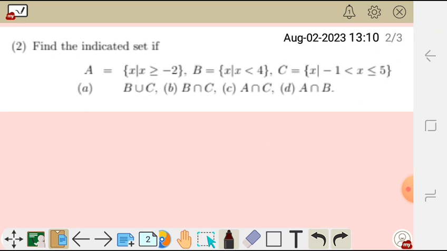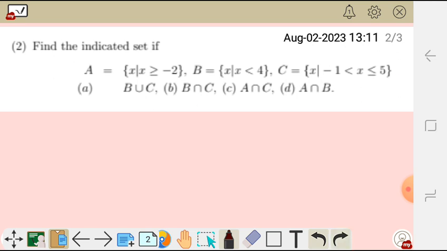Question 2 reads: find the indicated set if A is equal to {x such that x is greater or equal to -2}, B is equal to {x such that x is less than 4}, and C is equal to {x such that -1 is less than x and x is less than 5}.